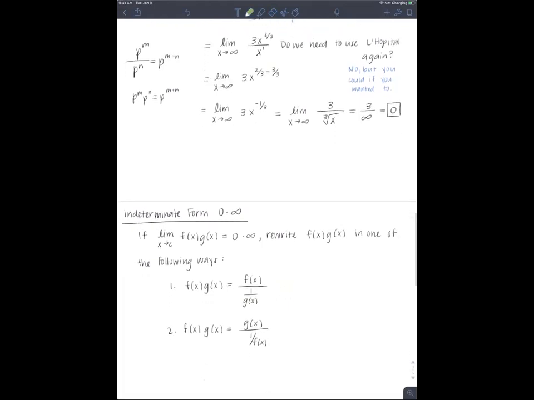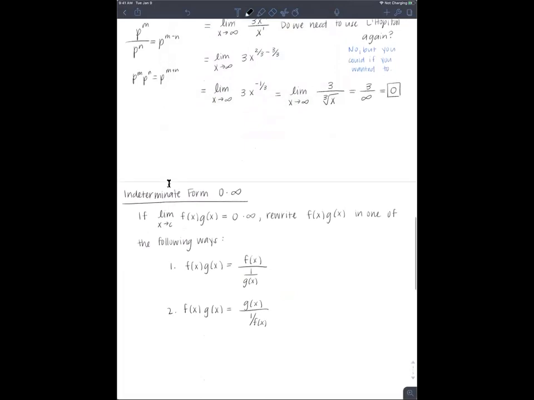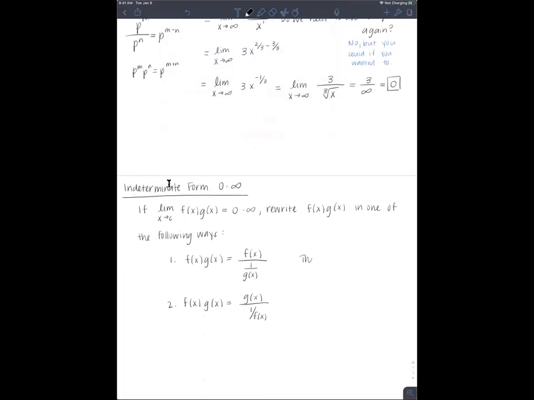But that's how you're going to do it. So let's see an example of that. What these conversions, I guess is the best way to call them, will result in is either 0 over 0 or infinity over infinity.